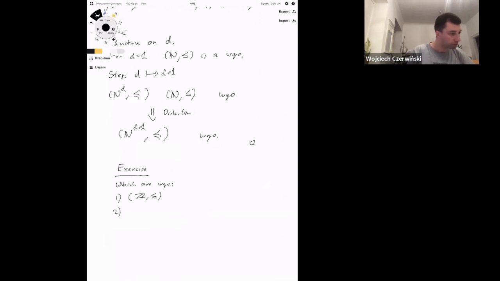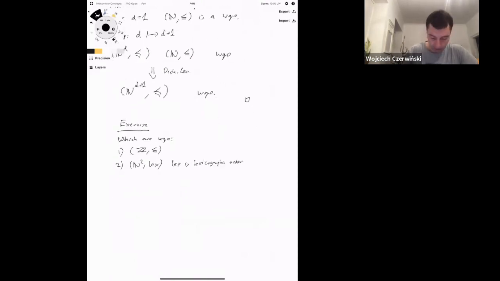The second one, where lex is lexicographic order. Now words over A, B, also with lexicographic order.